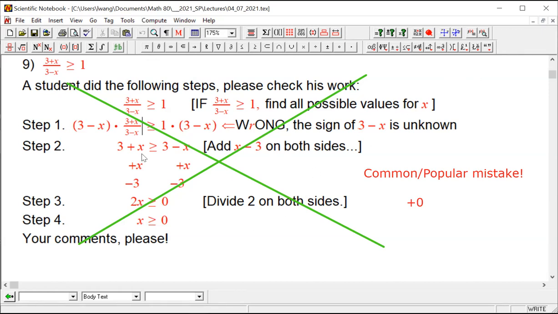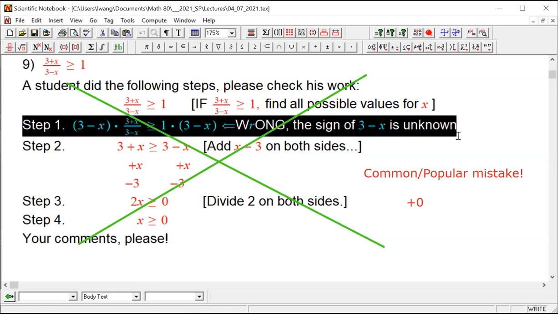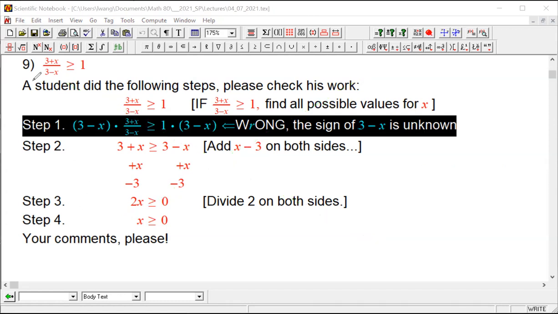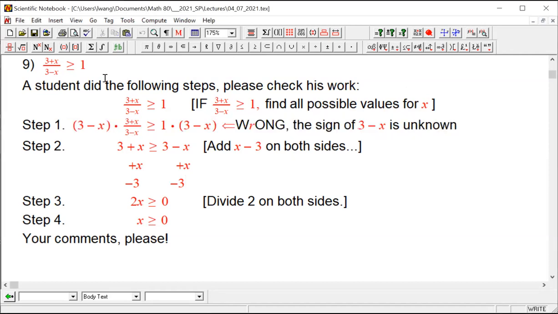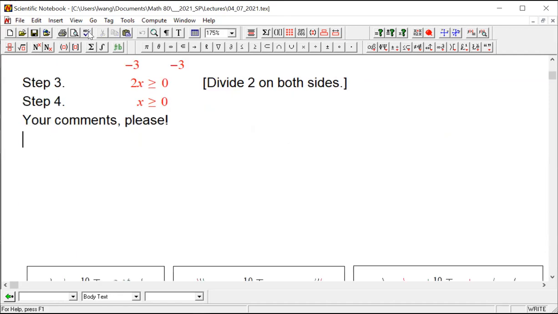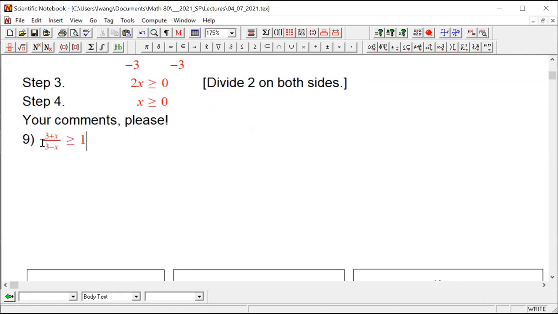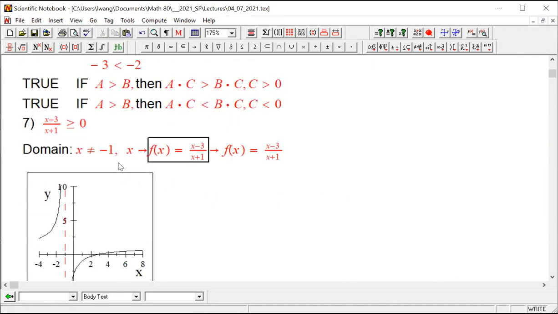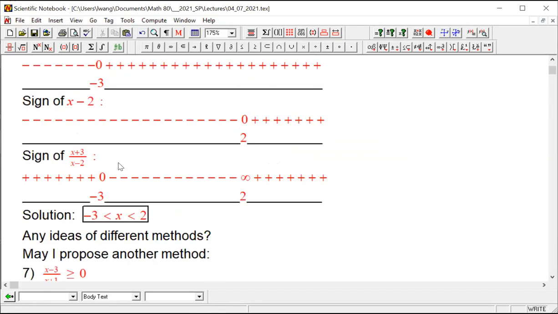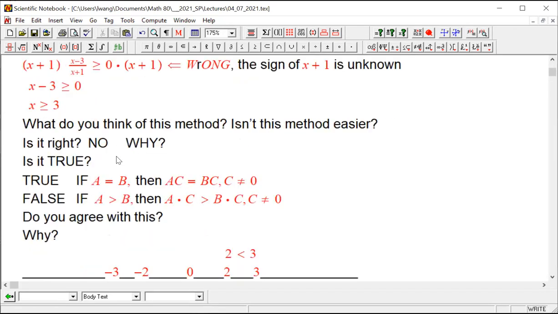I'm going to clean this up. So that step is wrong. Okay, cleaning up. So how should we do it? The common way to do it is to make it something like number 7 and number 8.